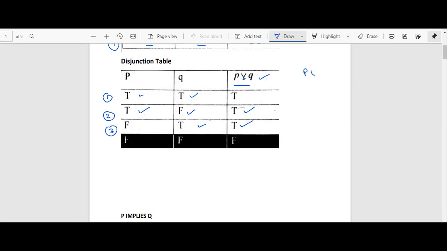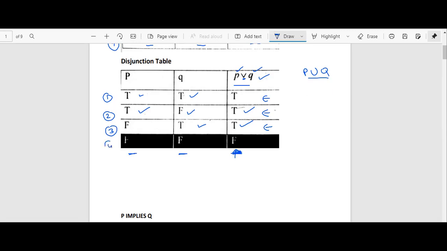So P union Q, like in sets we see it this way, is going to be true when at least one of the statements is true, right? So when P is true, this would be true. When Q is true, this is again true. And when both are true, obviously it would be true. It is only false when both P and Q are false, right?